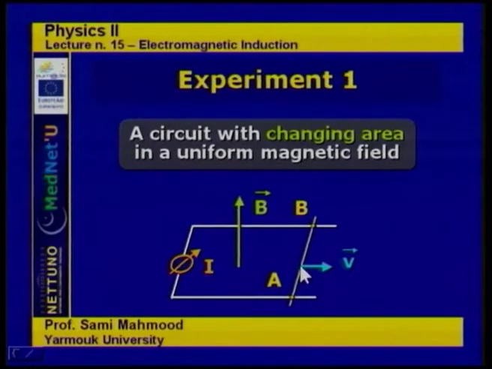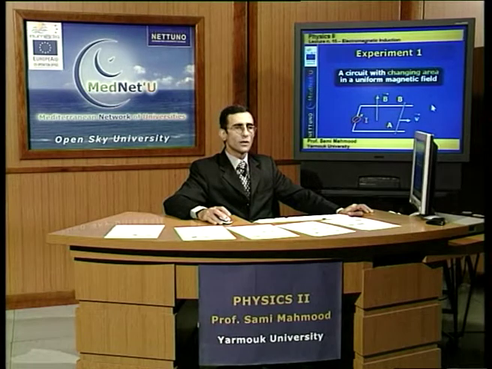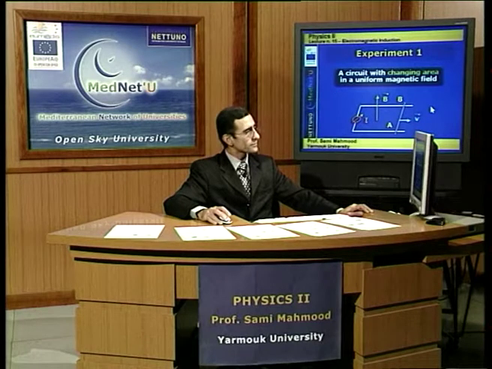So if we move the conducting rod or the wire to the right, for example, as the figure shows, the area increases, and vice versa. If we move it to the left, the area decreases. So that way, moving the rod will induce a change in the area of this circuit.